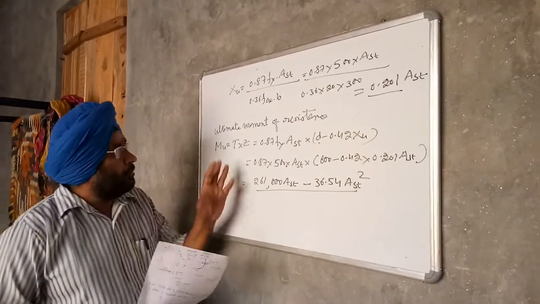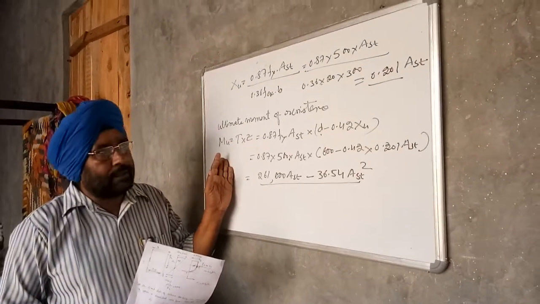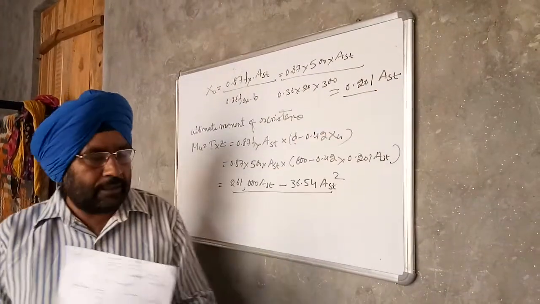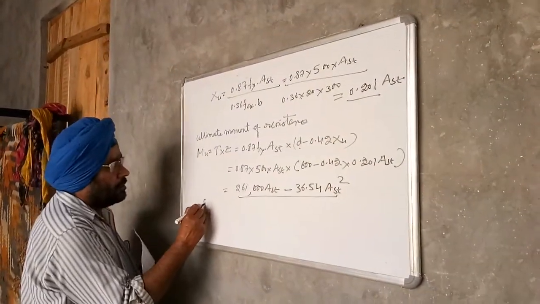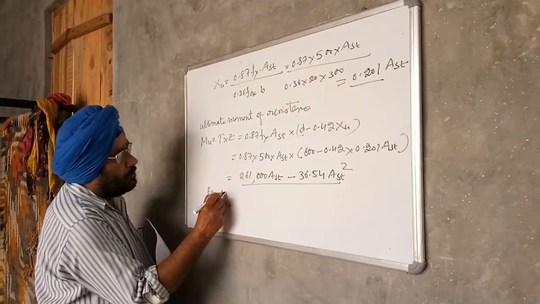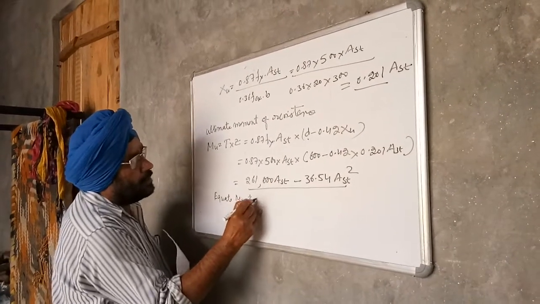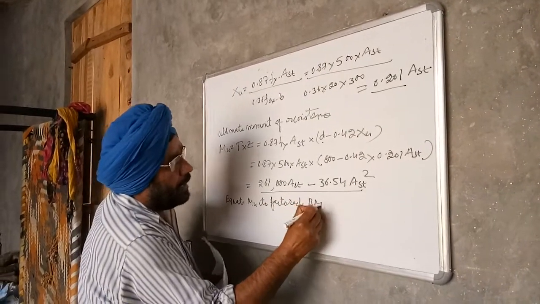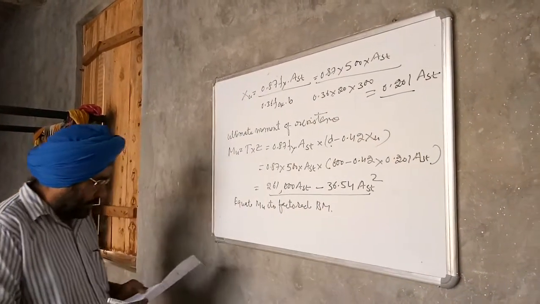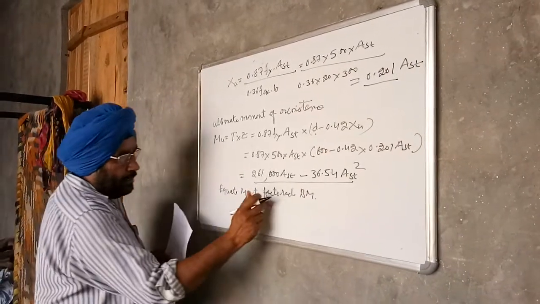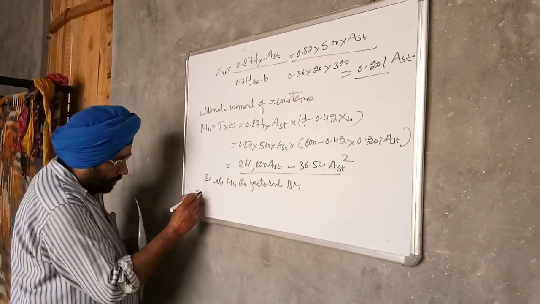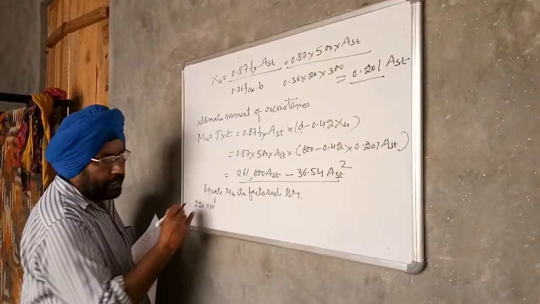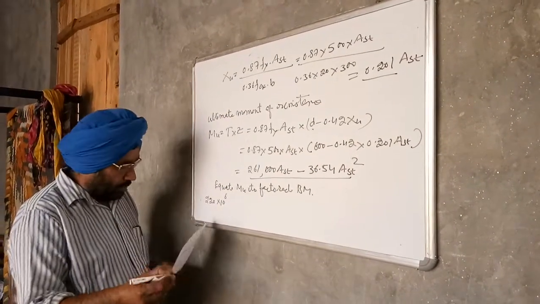Then equating the ultimate moment of resistance to the factored bending moment to determine AST. The factored bending moment is 220 kilonewton meter multiplied by 10 raised to the power 6 to convert into Newton millimeter.